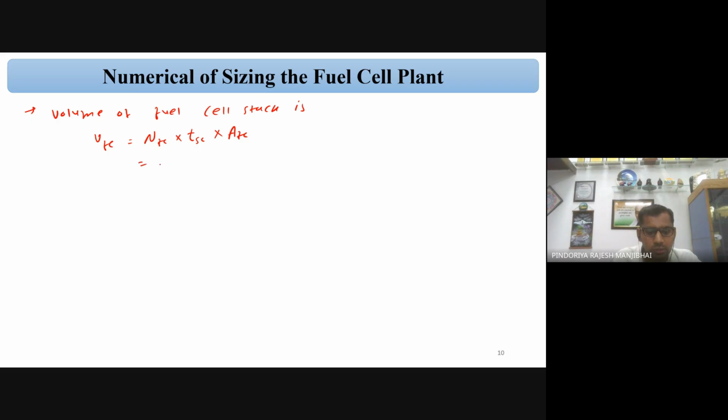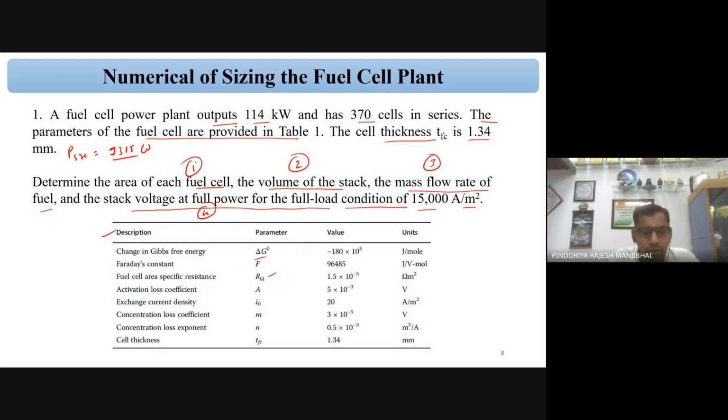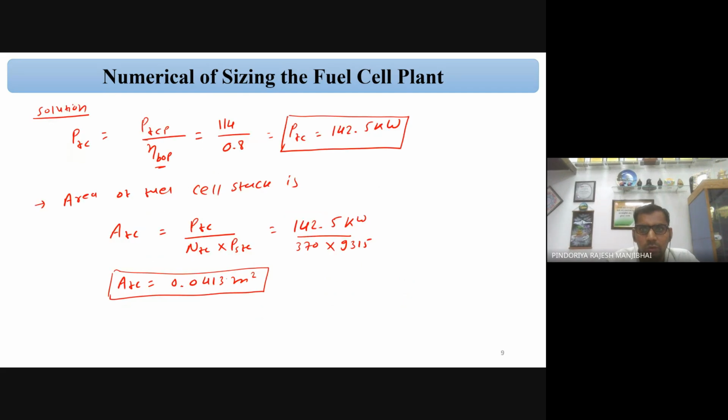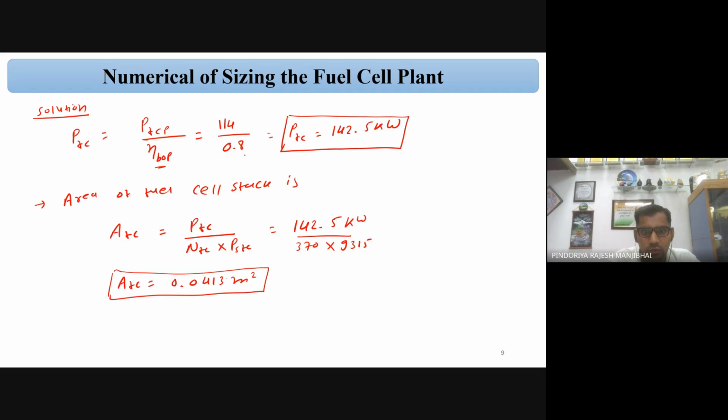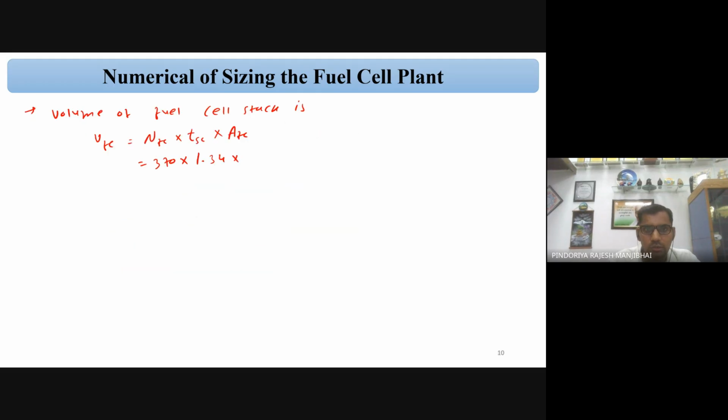Number of cells is 370. Thickness of the fuel cell is given, 1.34 mm. AFC we already calculated, 0.0413.